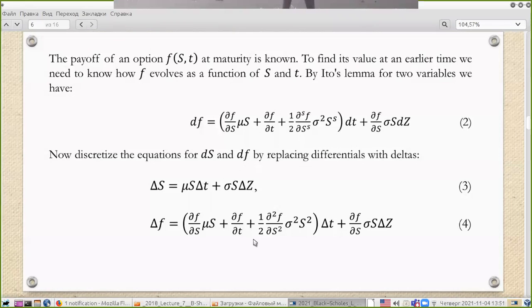And our idea is maybe we can add these equations, or subtract, or multiply, or find a linear combination of these equations in such a way that the result will be without delta z. Do you understand the idea?